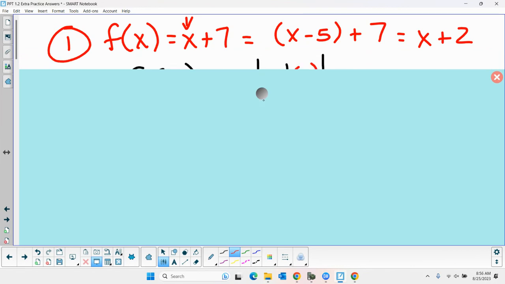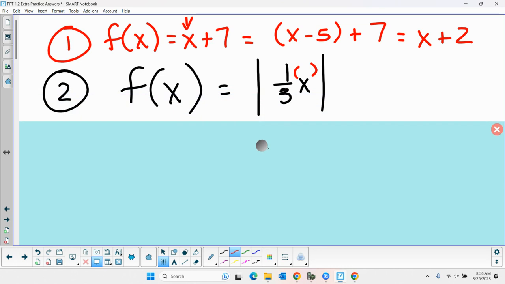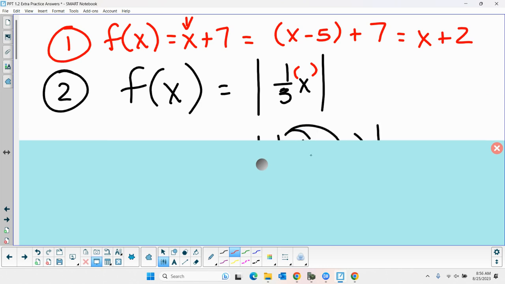All right. Number 2. It says 2 units left. So again, we're just doing it to the x. So 2 units to the left means I'm going to write x plus 2, right?